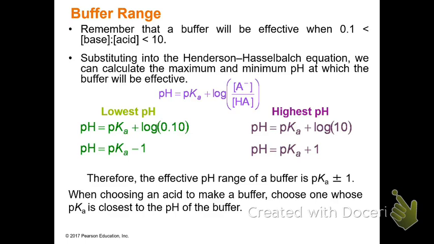And so whenever you're choosing an acid to generate a buffer solution, you want to choose the acid whose pKa is closest to the pH of the buffer that you want to make. Okay, so let's see if I have an example here.